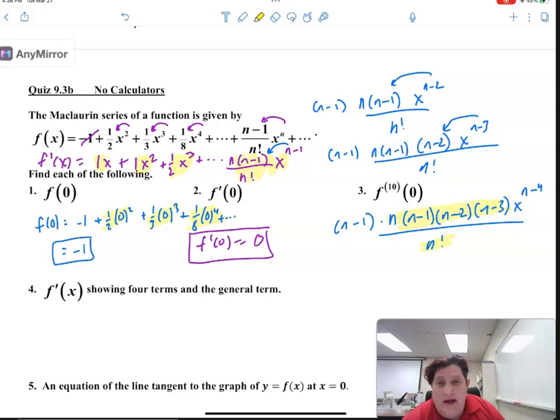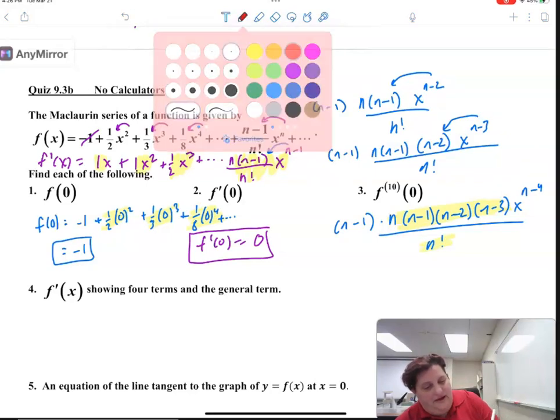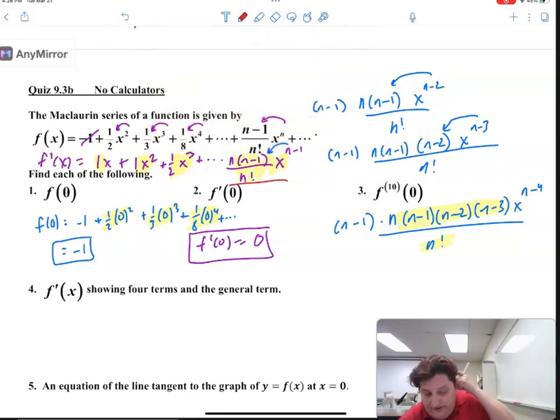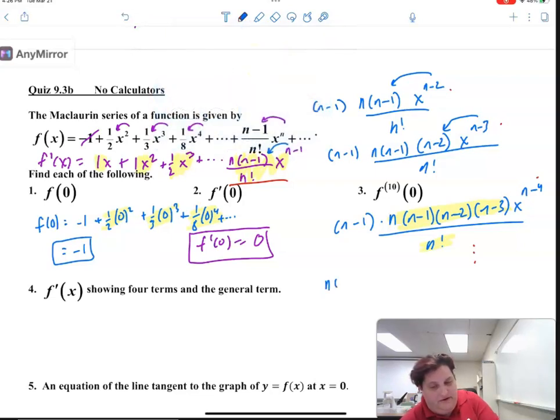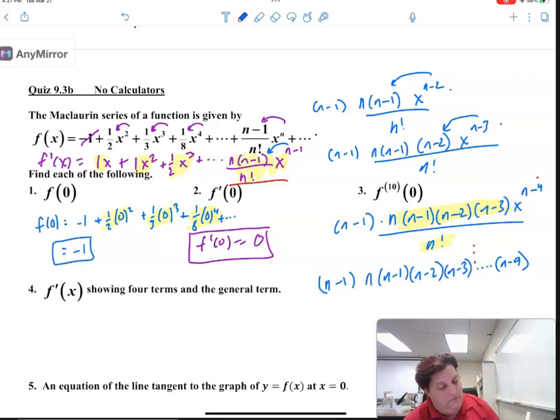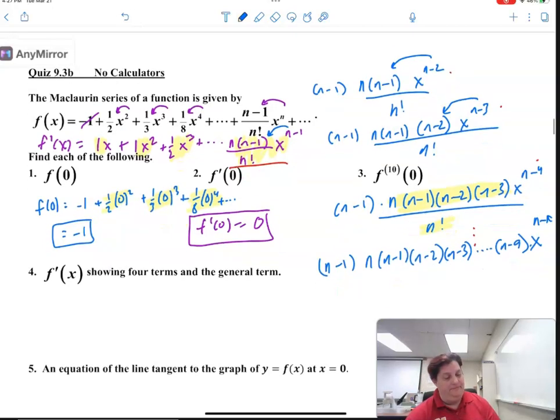So let's see if we can follow this pattern. This is my first derivative, my second derivative, my third derivative, my fourth derivative. Can you guys follow this pattern? So I feel like my 10th derivative would have an n minus 1 out front, and there'll be n minus 1, n minus 2, n minus 3, all the way to n minus 9, and x to the n minus 10.